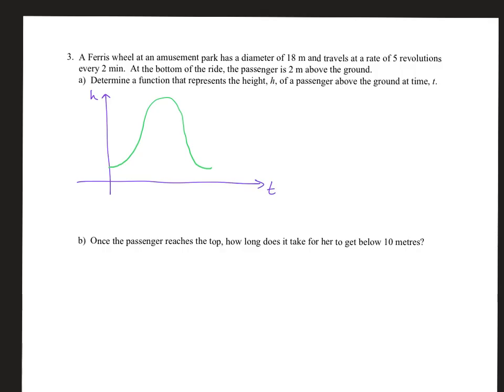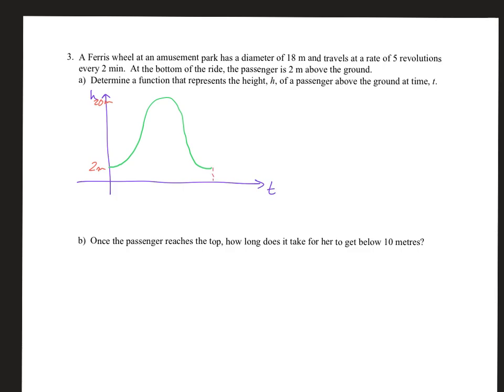So we take a look at that green curve. If we were to label our key things, at the bottom of the ride, the passenger is 2 meters above the ground. The diameter of the wheel is 18. So if I go up another 18, then that's going to get me to my top. So that makes my top at 20 meters.